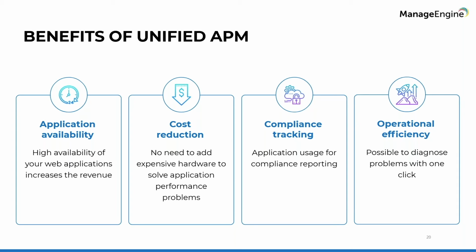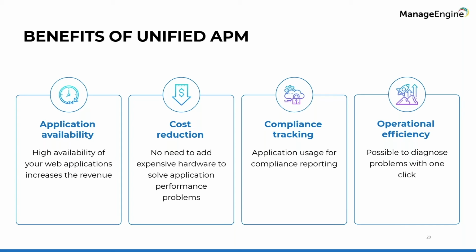As I was explaining in the previous slides, APM Insight helps you find exactly the code with problems, exactly the SQL queries, exactly the specific thread which is consuming CPU, thereby reducing the overall cost spent on application maintenance and compliance tracking.